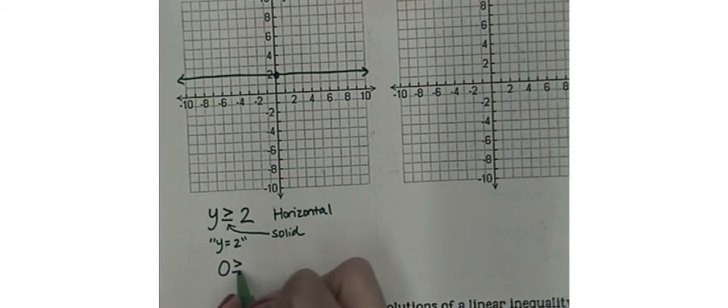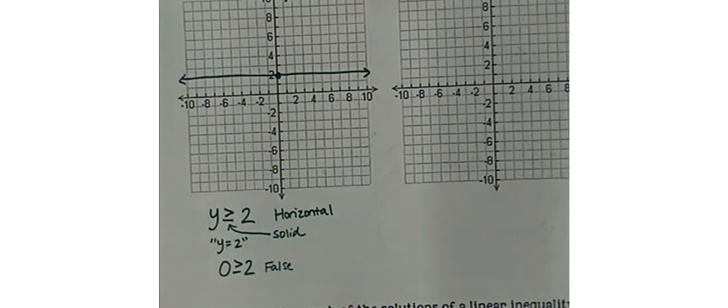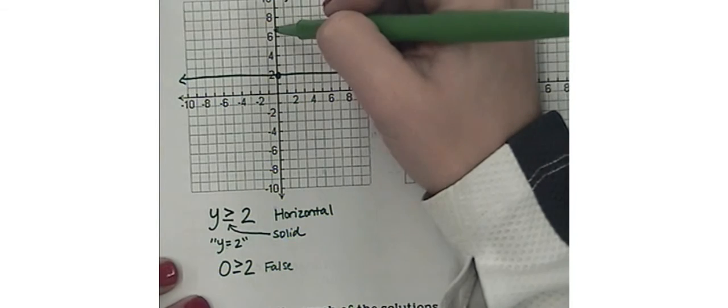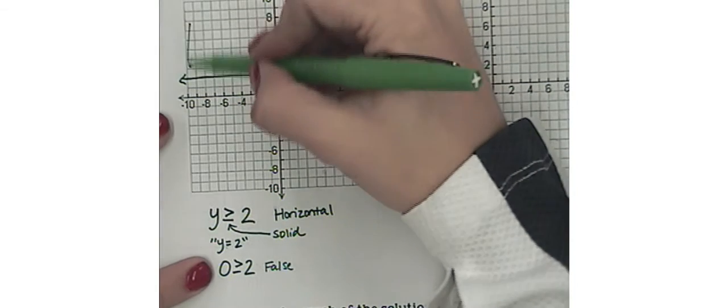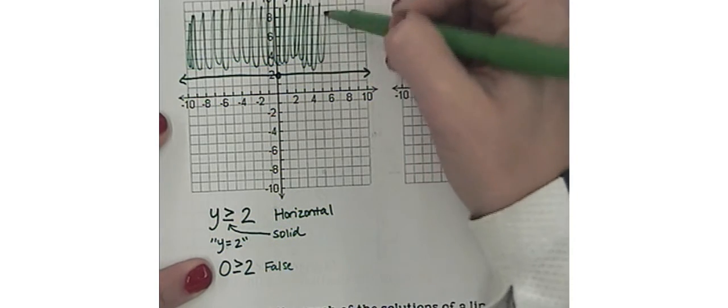Or you can plug in a 0 again, and 0 is right here. Is 0 greater than or equal to 2? False. So that means 10 is greater, 8 is greater, 3 is greater. So we need to shade all of these y values up here, greater than or equal to 2.